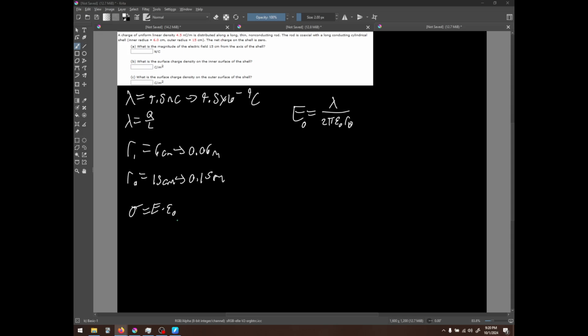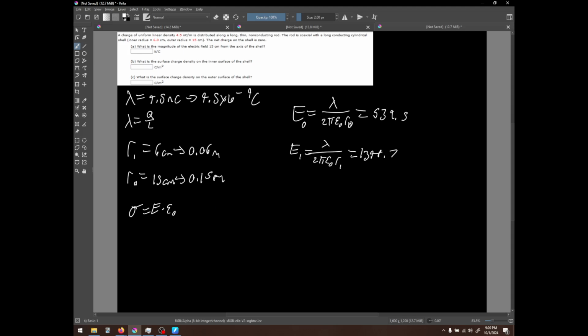Okay, so yeah, to do that, you just take E outer, E inner equals lambda over 2 pi epsilon 0 Ri, and this one is 539.5, and this one is 1348.7, and then just multiply it by epsilon 0, and then yeah, get 1.19 times 10 to the negative 8th, negative for surface charge inner, and then for outer, I think it's surface charge, yeah.